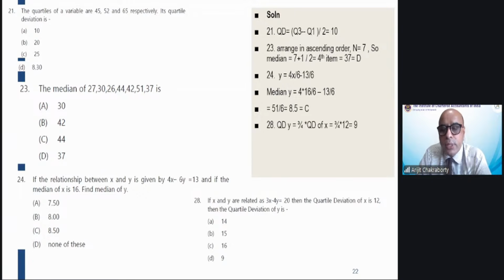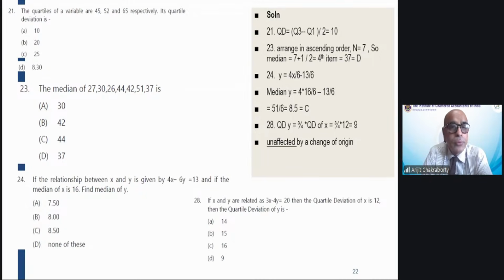Last question, if x and y are related, same pattern, 3x minus 4y is equal to 20, and the quartile deviation of x is 12, then the quartile deviation of y is how much? Please remember that quartile deviation is unaffected by a change of origin. It is only affected by a change of scale.